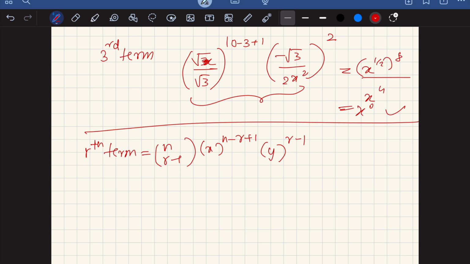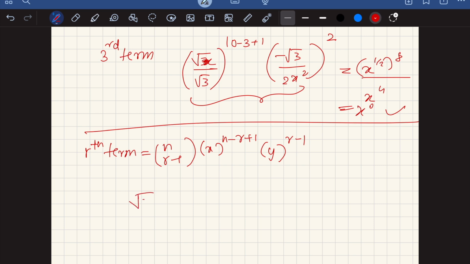In this case, you have 10 choose r minus 1 times x is square root x by square root 3 to the 10 minus r plus 1, and then you have minus square root 3 by 2x square to the r minus 1.